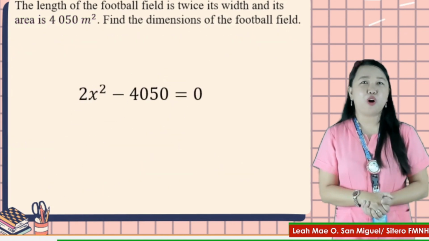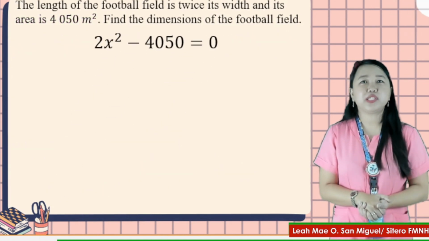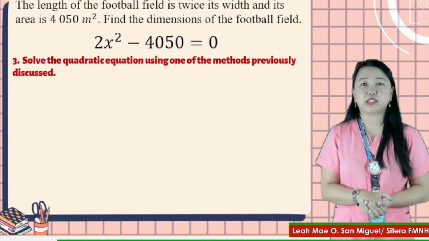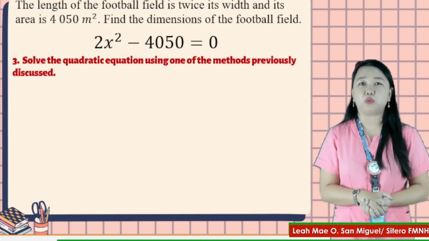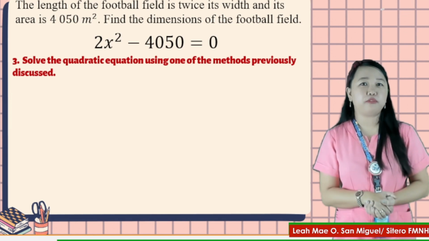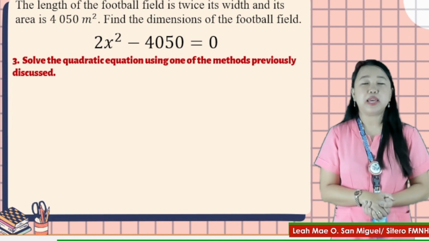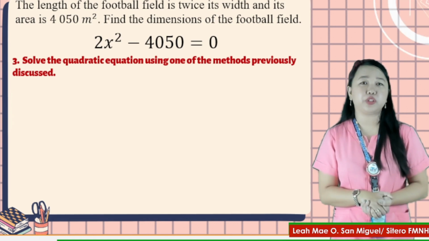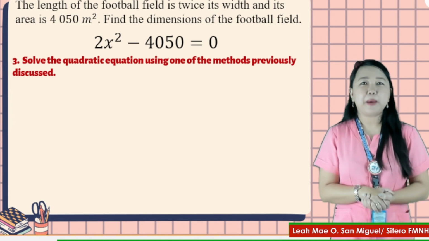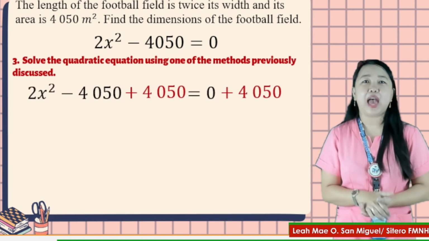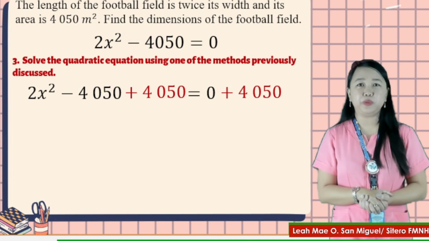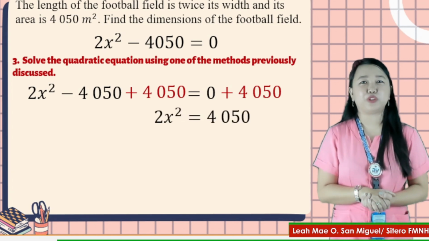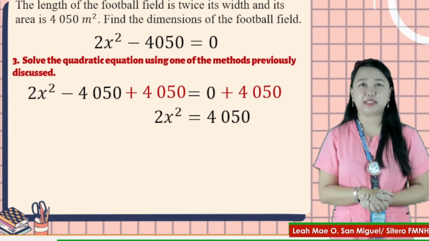Third step, solve the quadratic equation using one of the methods previously discussed. Solving 2x squared minus 4,050 equals 0 must give us the width. The equation can be solved by extracting the roots, since we don't have a linear term in our equation. By applying the addition property, we have, when simplified, 2x squared is equal to 4,050.